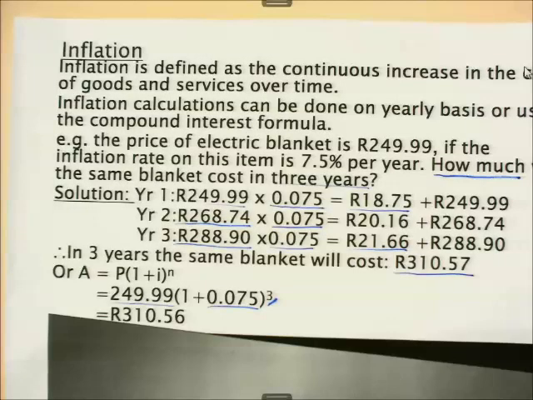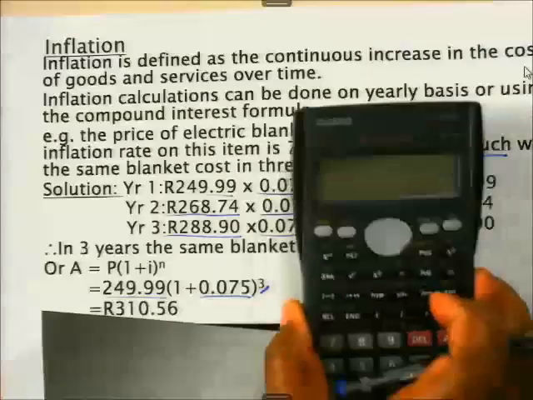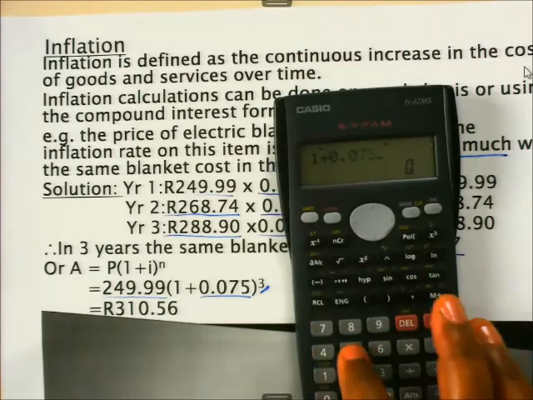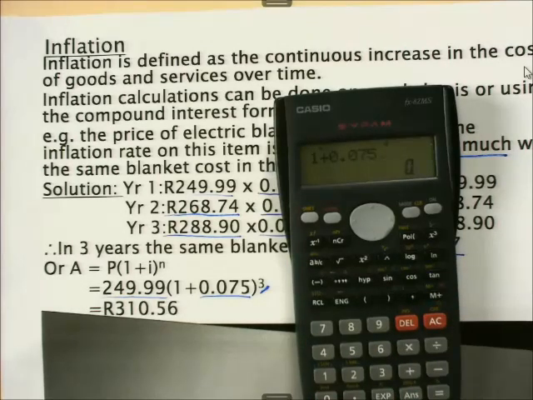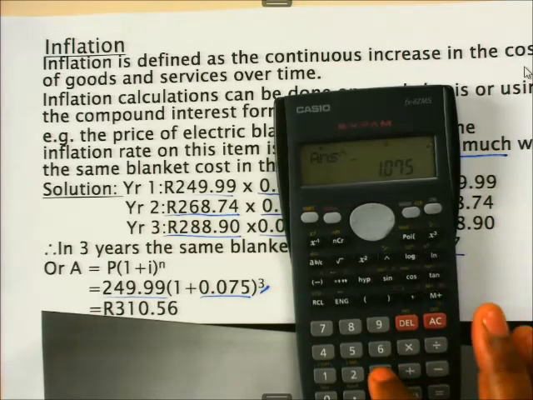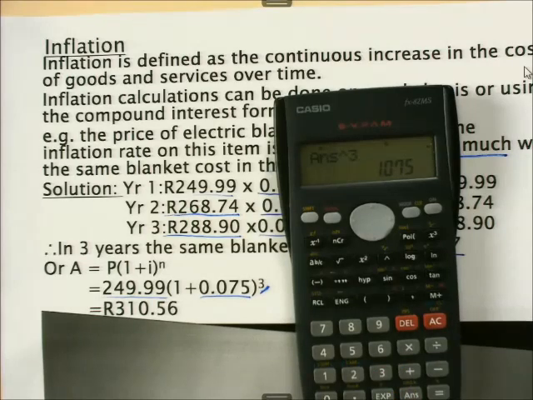So what you do in your calculator, you add 1 plus 0.075. That's 7.5%, guys, you must remember. And equals to the amount that you get. You do not multiply by the principal first. You say now to the power of 3. I believe you know how to use your own calculator.